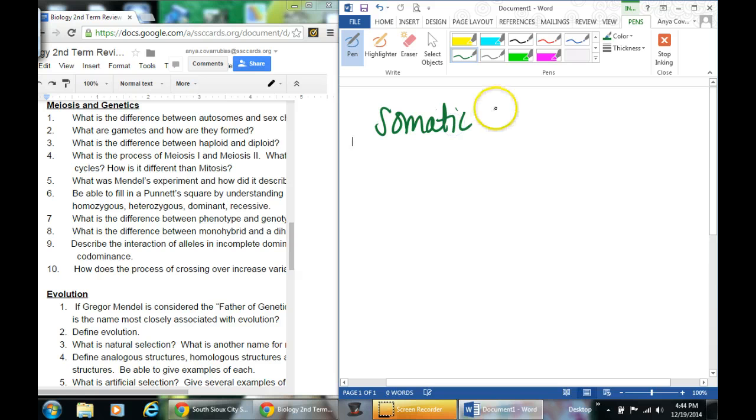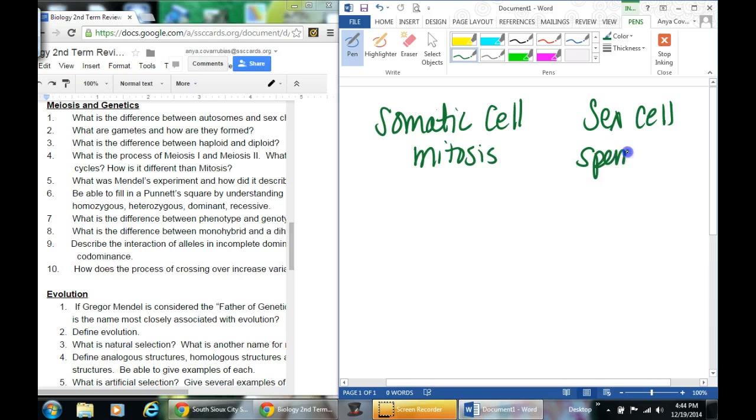So what we've been talking about so far, somatic cells, that's everything we've been talking about so far. Now our sex cells, which are sperm and egg, go through the process of meiosis. And it's a process, not a cycle.